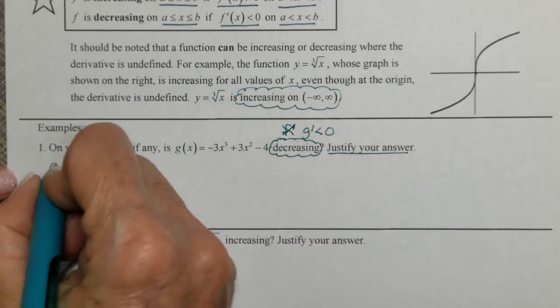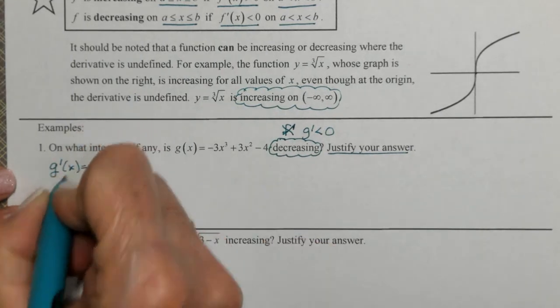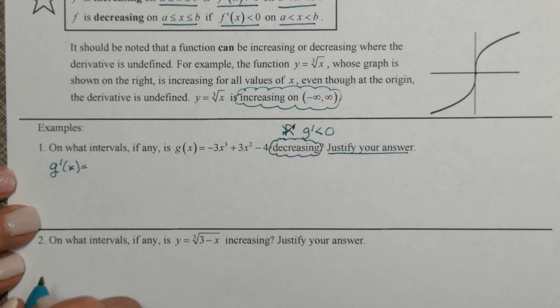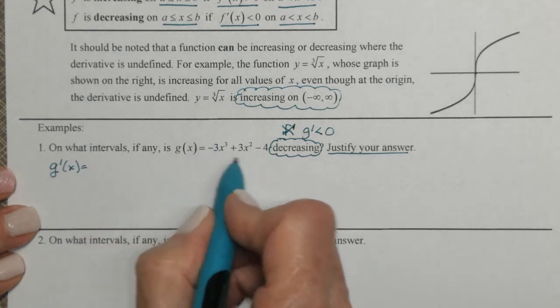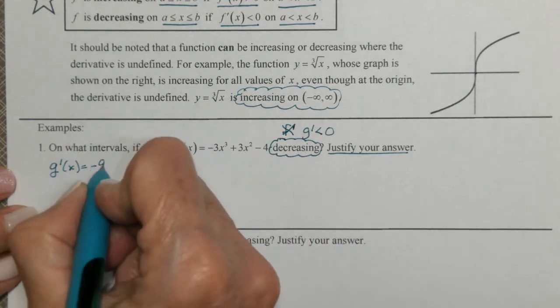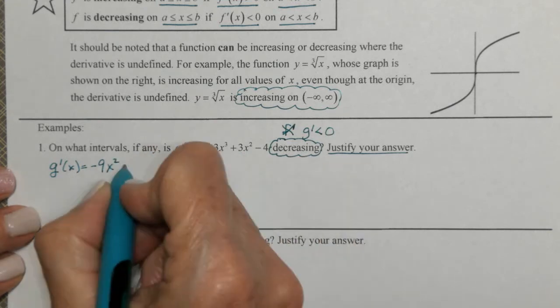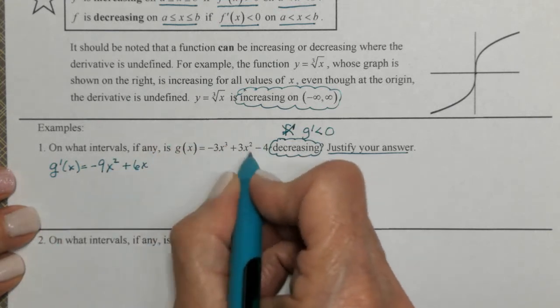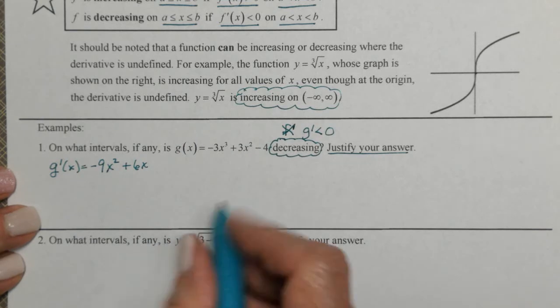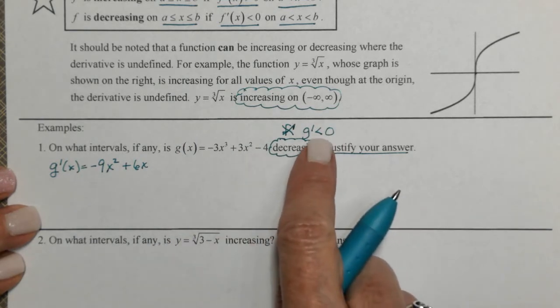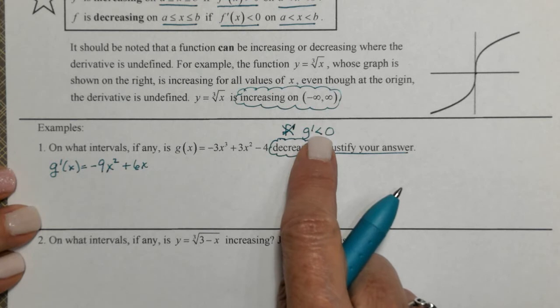So we are going to find g prime and find out where g prime is negative. The derivative of g here is negative 9x squared plus 6x. Derivative of a constant is 0. We want to find out not where it's equal to 0, but where it's less than 0.